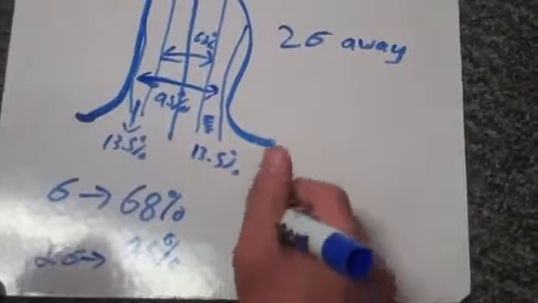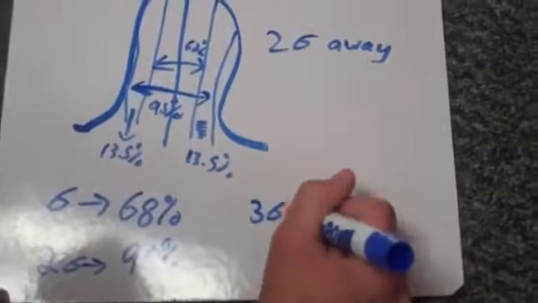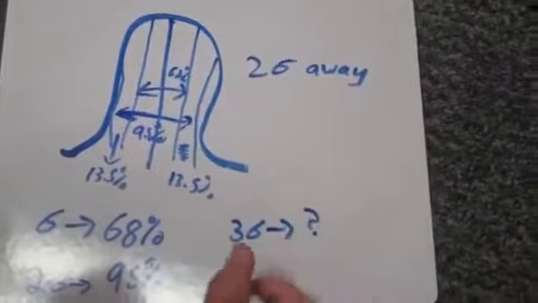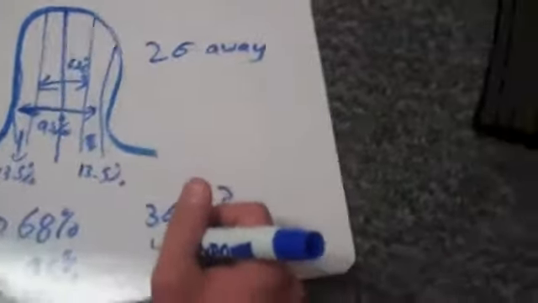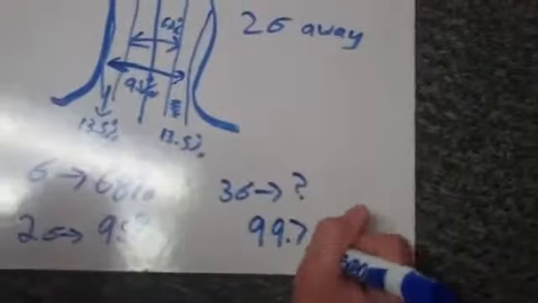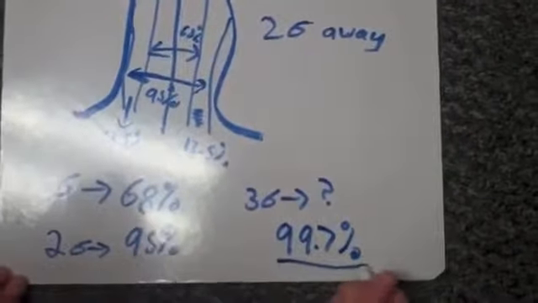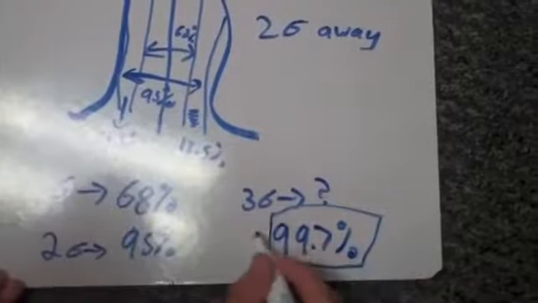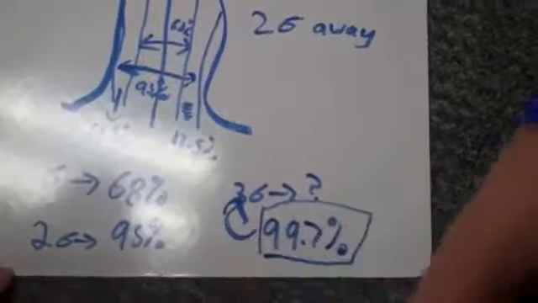Now, what about 3? Most statisticians say that it will be 99.7% of your data which falls in 3 standard deviations. So let's look at this in another bell curve. We have our normal curve right here.